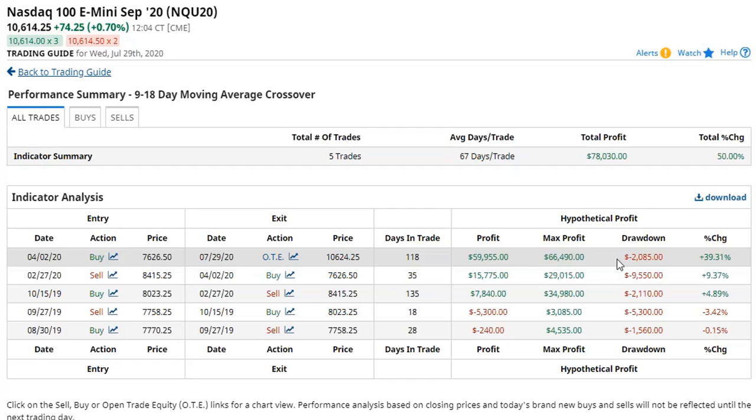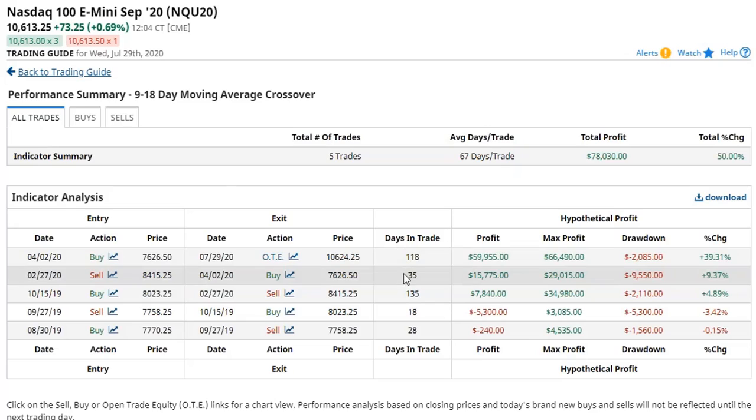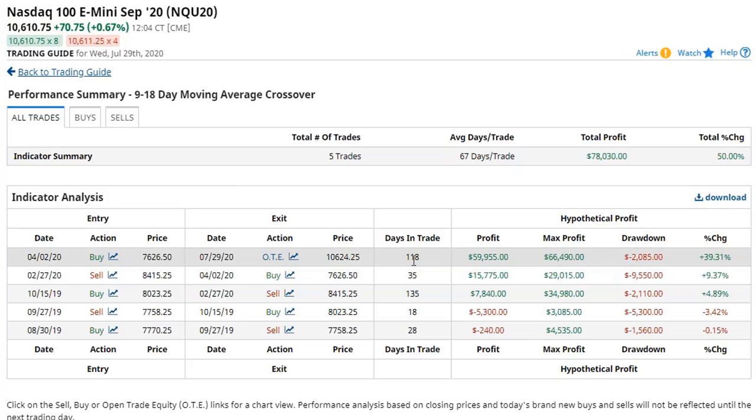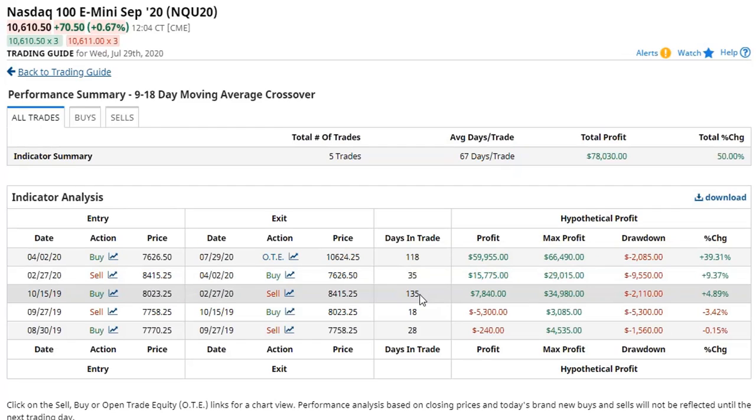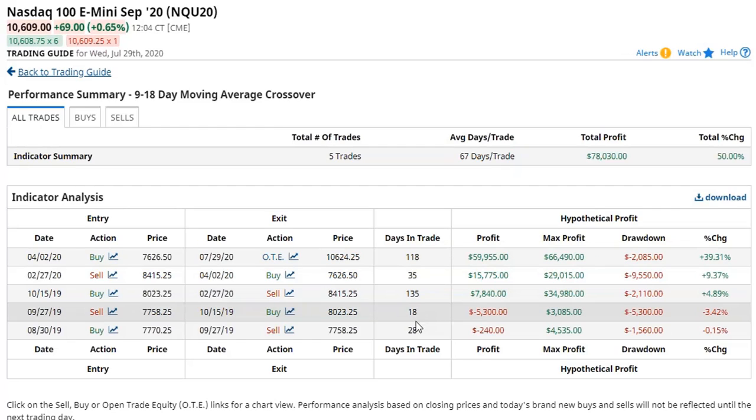But anybody here in this room, if I told you, would you be willing to risk $2,000 to make $60,000, or 30 to 1, I think everyone in this room would raise their hands. So let's look at these 5 trades. We can see that this one has been 118 days, this one was 35 days, this one was 135 days, this one was 18, and this one was 28.